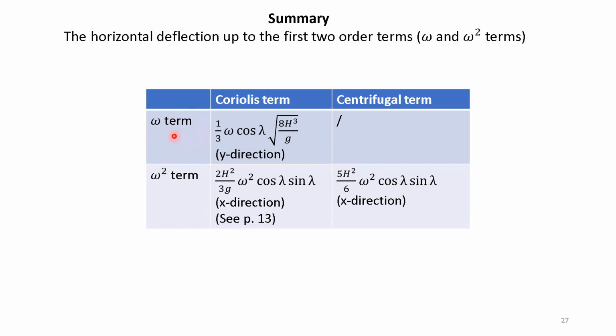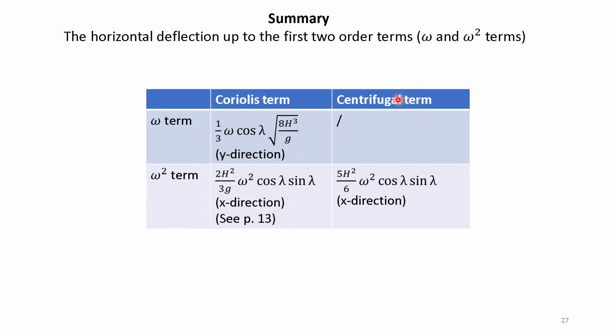So if you have a correction term which depends on omega squared, it will be much smaller. And if you keep going to higher powers of omega, the correction just gets tinier and tinier. So this is what happens with the Coriolis term.